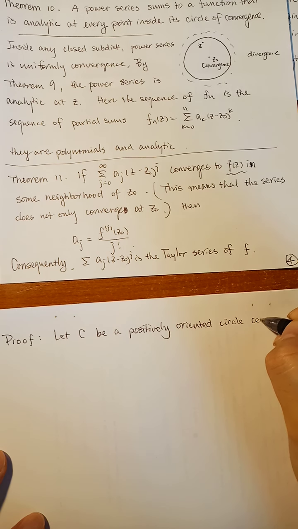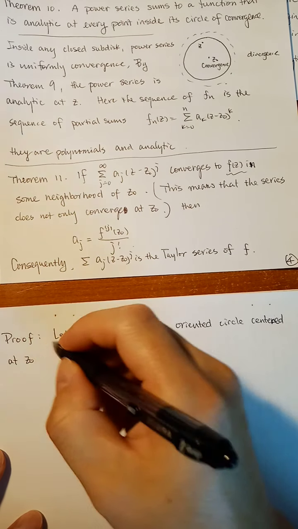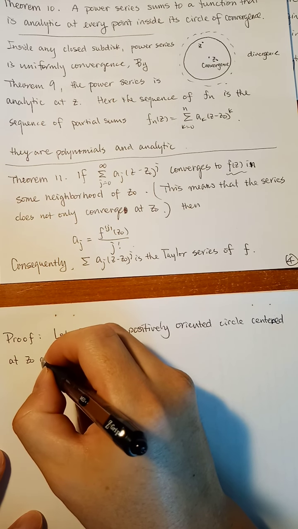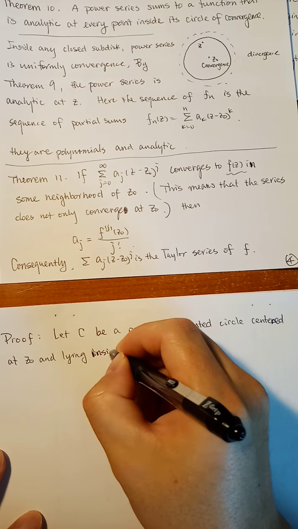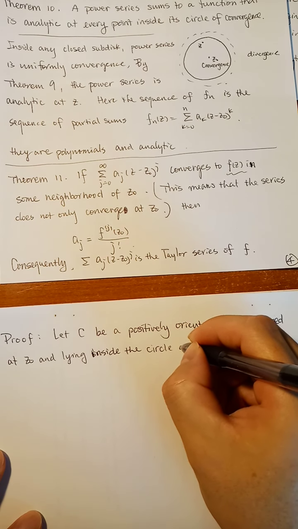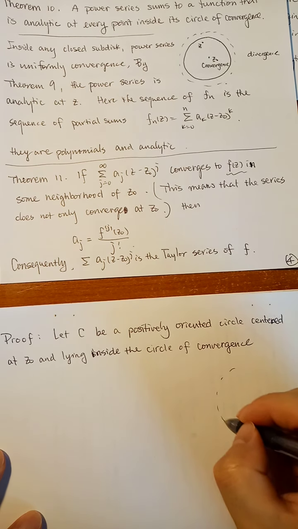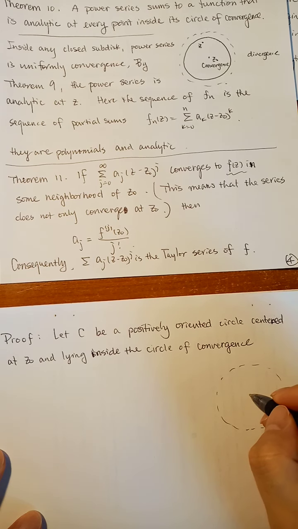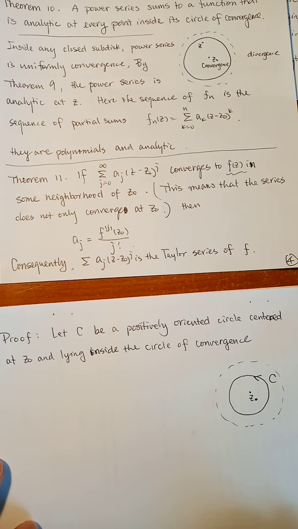A positively oriented circle centered at z0 and lying inside the circle of convergence. And you choose a circle this way. This is the picture.